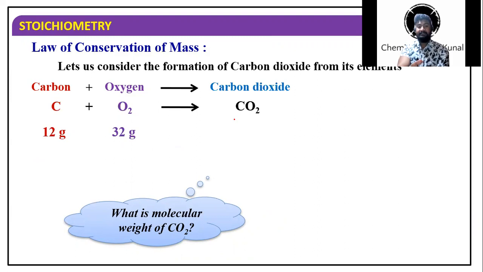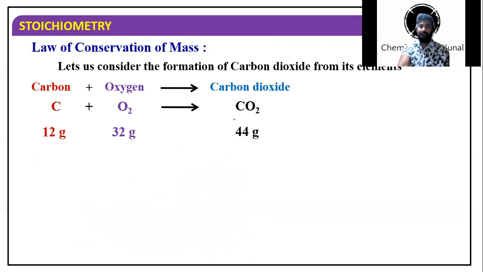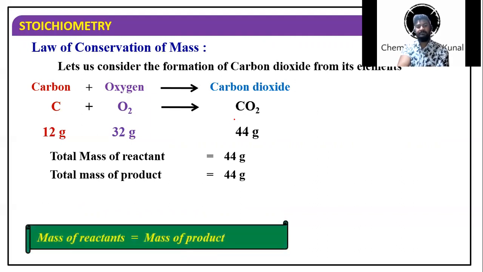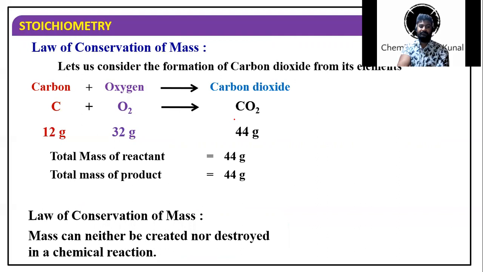If it is, then the law of conservation of mass is indeed a real thing. So let's have a look. C plus O2 is 44, so it is coming as 44 grams on the left, 44 grams on the right. Is it obeying the law of conservation of mass? Yes. The law says that mass cannot be destroyed or created, it is just transformed. C plus O2 has become CO2, but the mass on the left is equal to the mass on the right. That's what the law says.